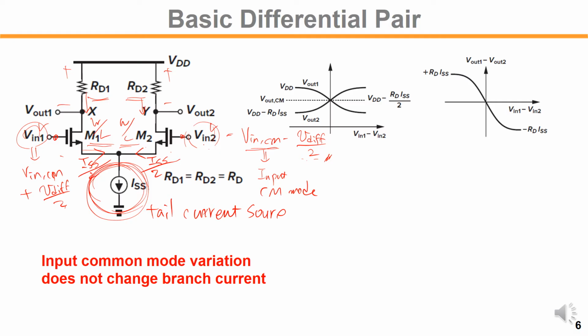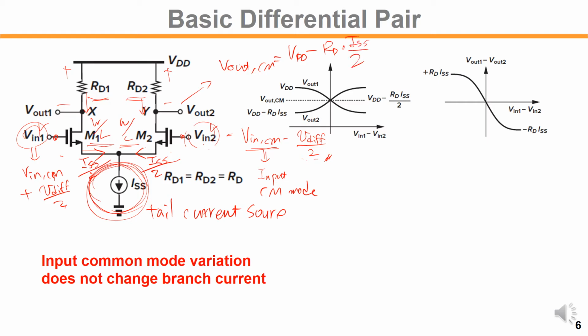So the output voltage will be VDD minus RD times ISS over 2. The output common mode level, Vout,CM, will be VDD minus RD times half ISS.